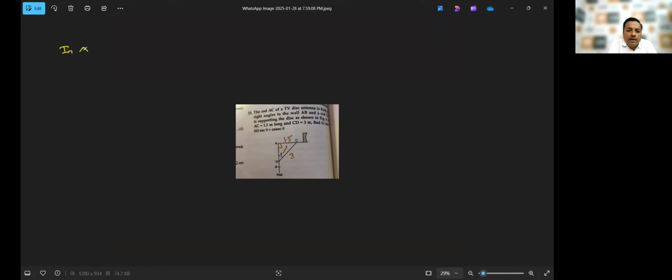Pythagoras theorem यूज करेंगे in triangle DAC, and find AD. CD² is equal to AD² plus AC² by Pythagoras. So 3² is AD² plus 1.5², and 1.5 means 3/2.